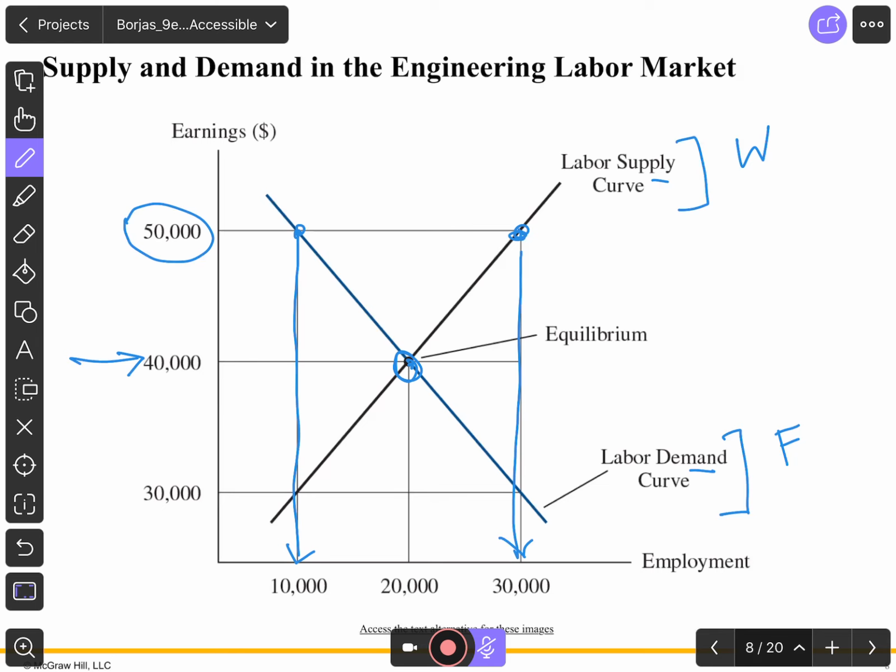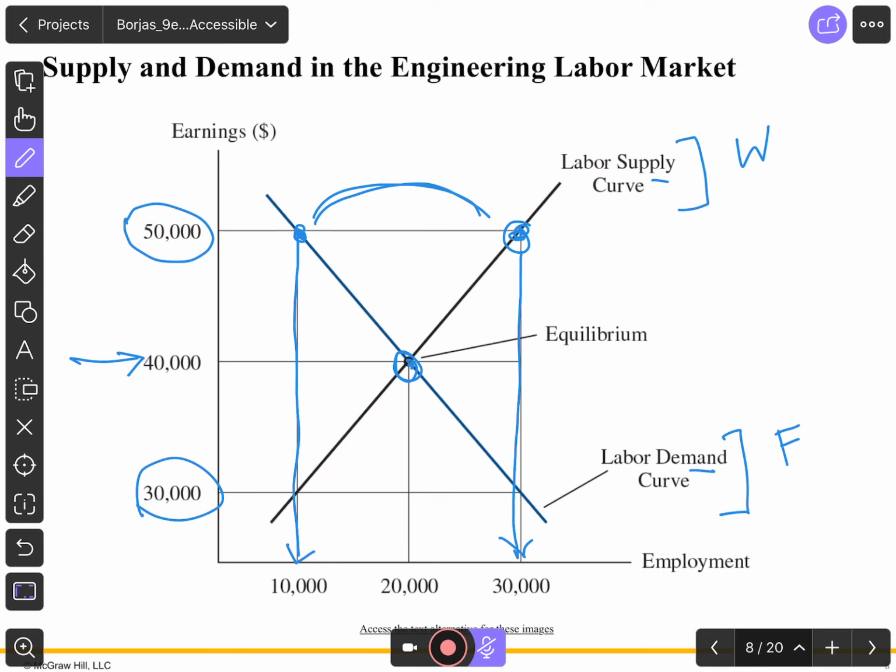Okay, so we will have a disequilibrium of 20,000 jobs. So this is a situation of unemployment because those suppliers will not be able to find a job, and the amount of workers who are trying to find a job is 20K.